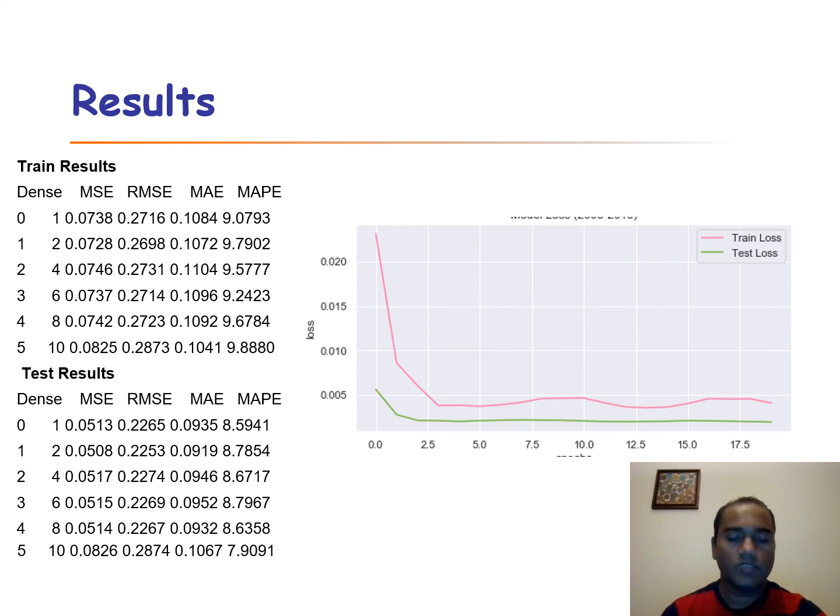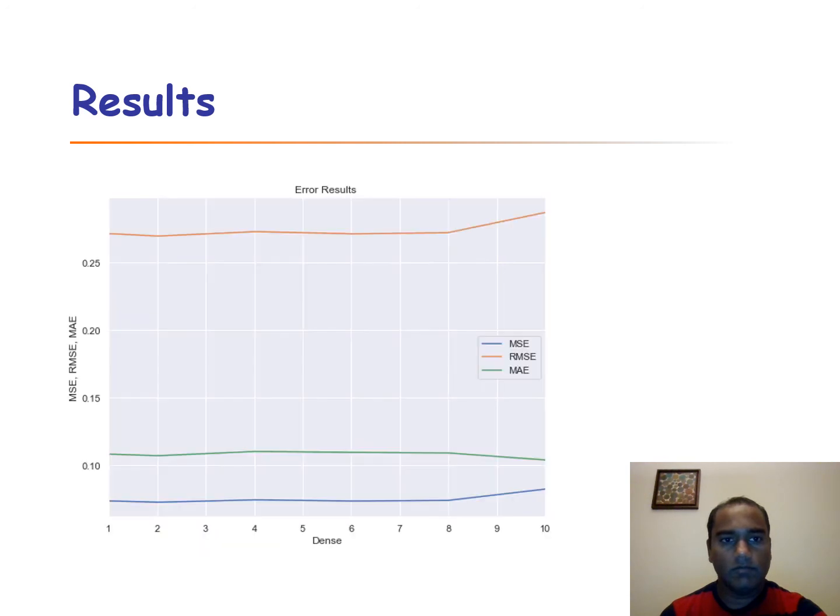That is what is expected. This is just to show you the graphical representation of the mean square error, root mean square error, and mean absolute error results, where we have used multiple dense layers, and how the results have changed.